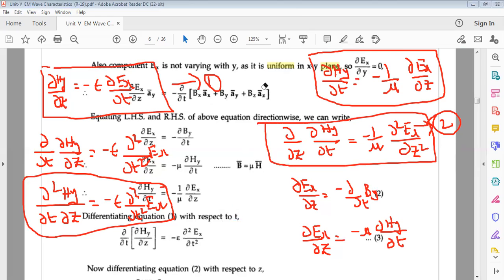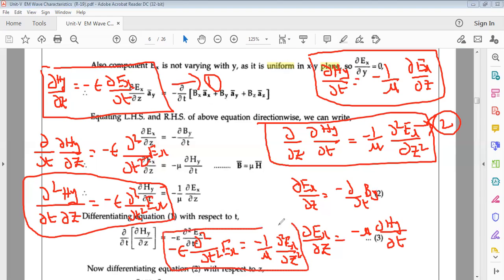After comparing these two equations, minus epsilon ∂²Ex/∂t² is equal to minus 1 by mu into ∂²Ex/∂z².